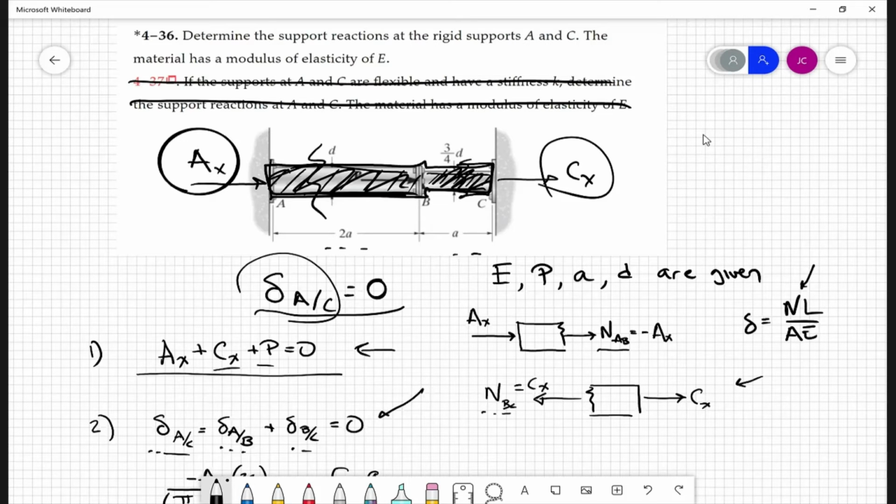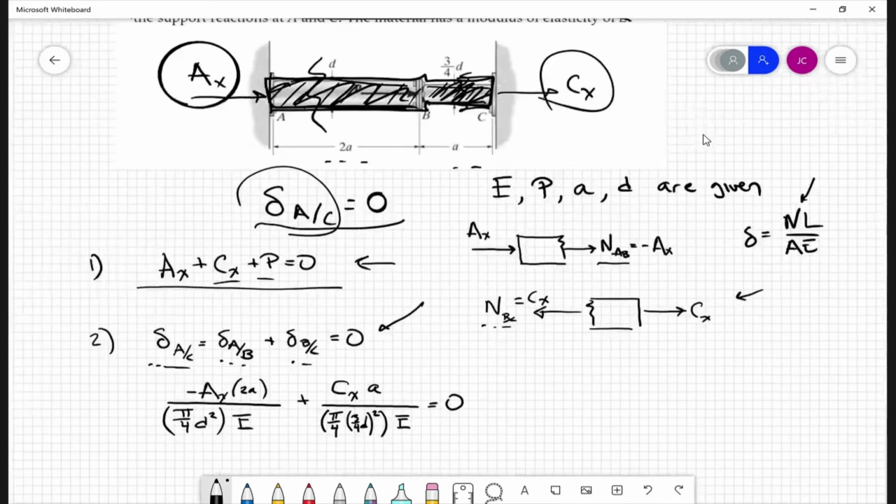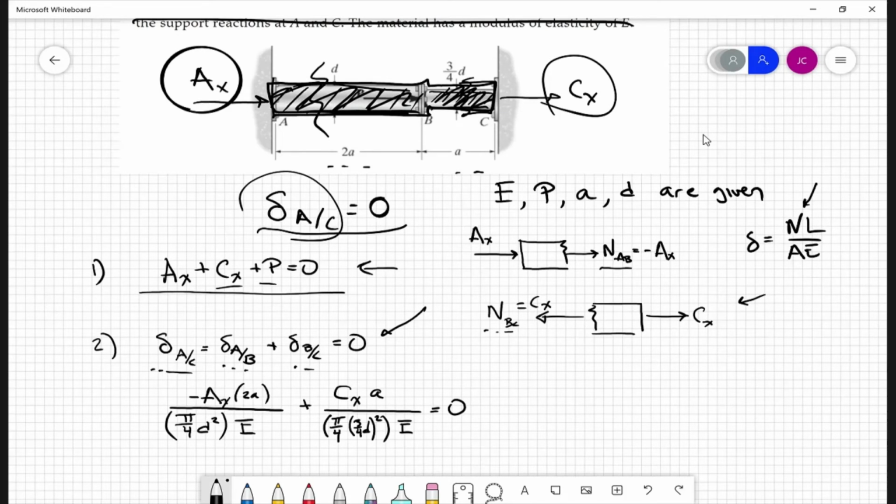All right. So we put that into here, right? So that's all we're doing. So this first term is the elongation of section AB. It's the force in it, which is minus AX. Its length is 2A. Its cross-sectional area is pi over 4 times the diameter squared.